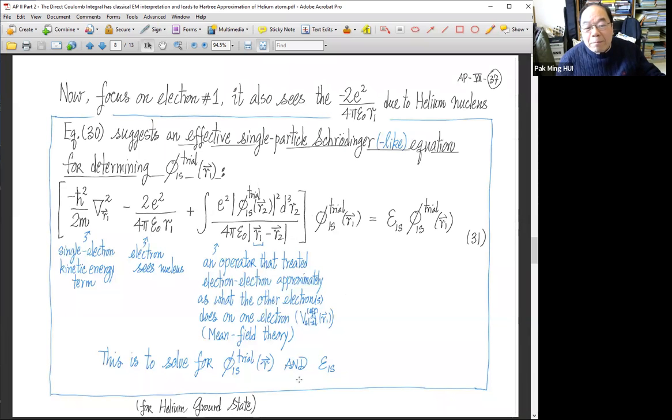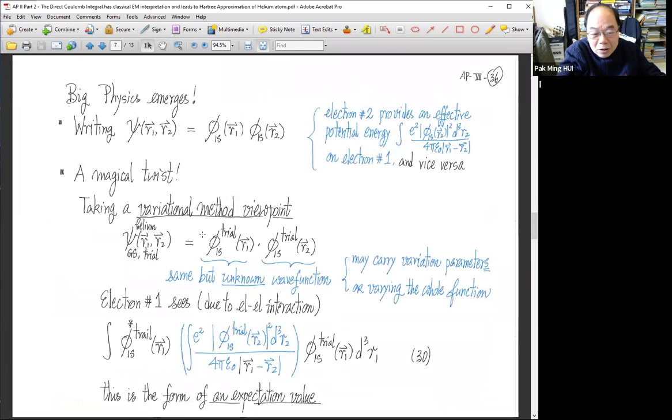So in my calculation of the 1s helium state, I guess an unknown wave function. I put 2 electrons both in this state, but I don't know this state. Therefore, I need to solve for this state.